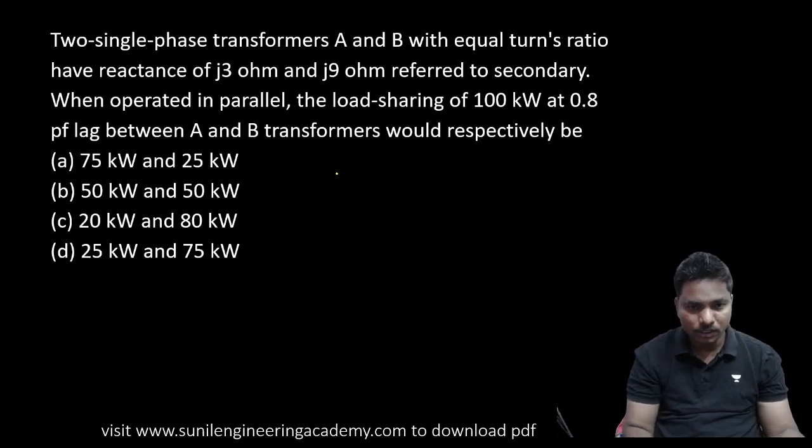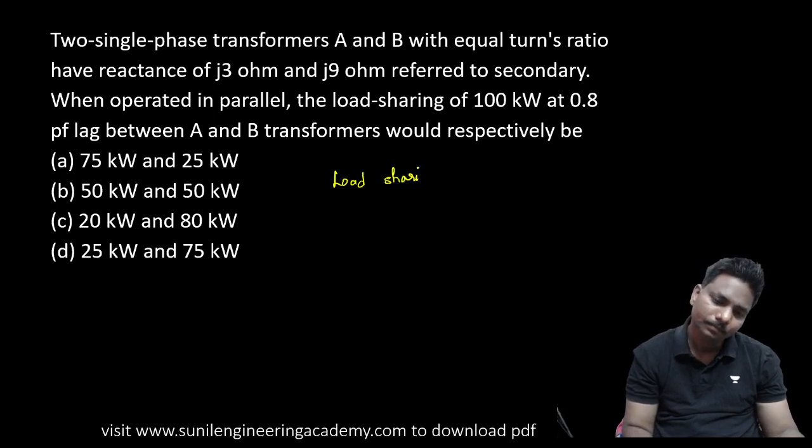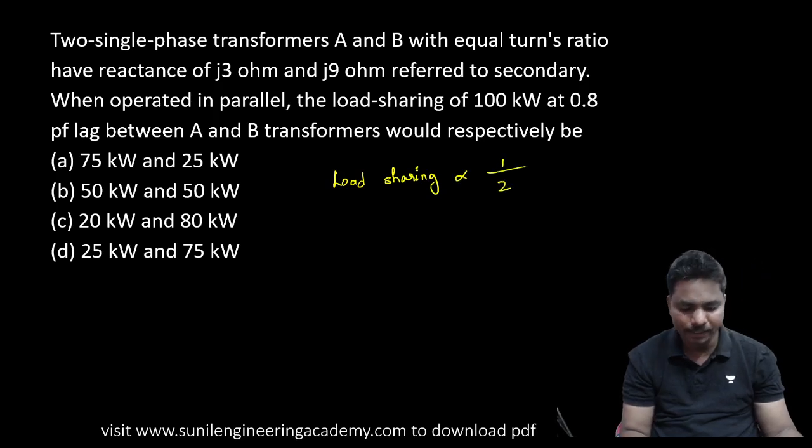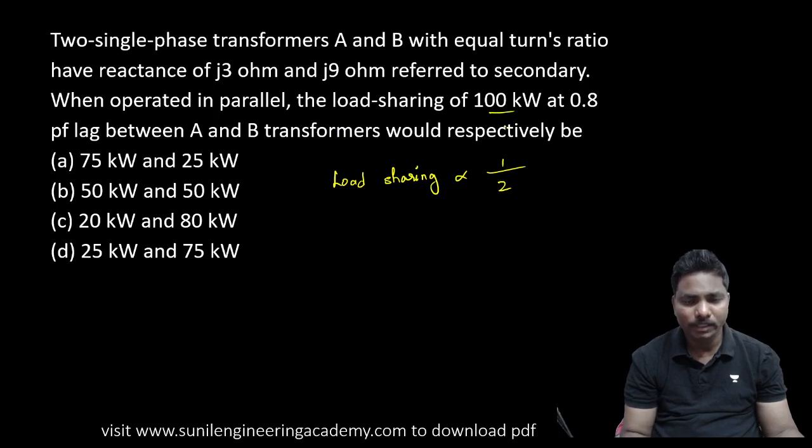Generally the load sharing is inversely proportional, 1 by Z. While operating in parallel, the load is 100 kilowatt. Kilowatt is already given, so there is no need to take the power factor.